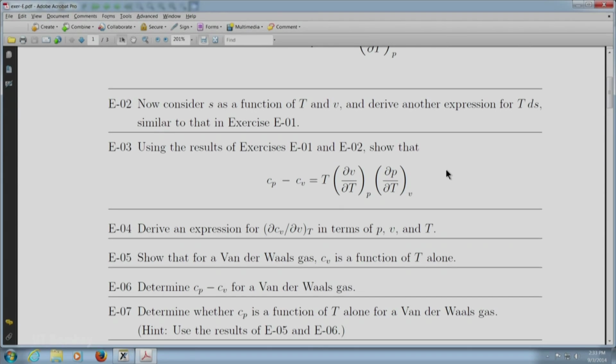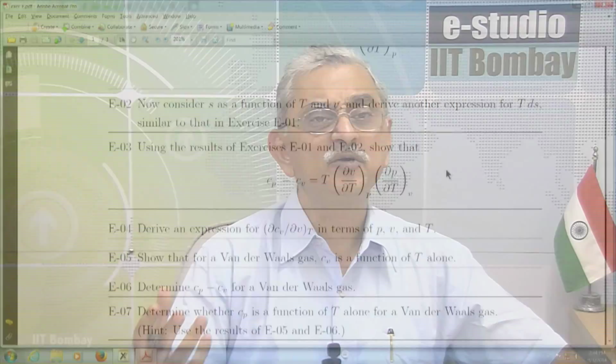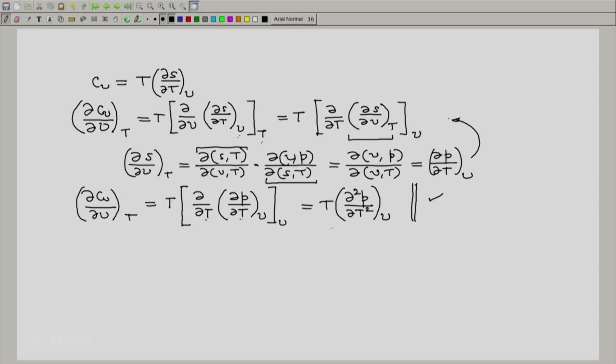Now in the next exercise we have to show that for a van der Waals gas Cv is a function of T alone. Before going to the van der Waals gas, do the following exercise. In the right hand side of this expression here, which is a function only of P, V and T, we substitute say the ideal gas equation.